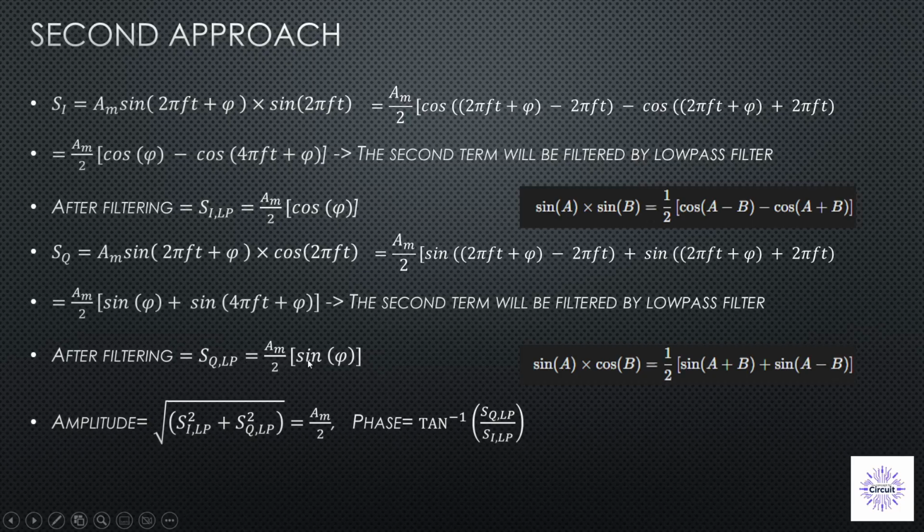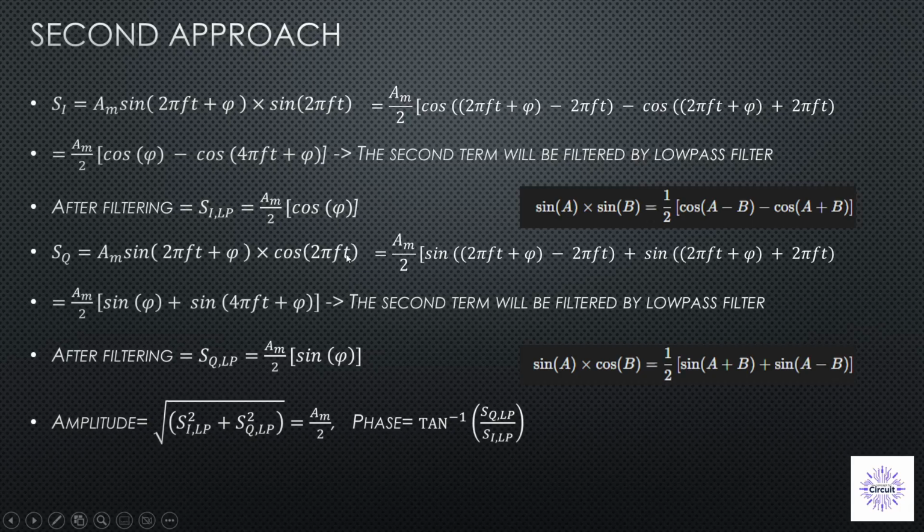Because the AM over 2 terms will cancel out and it will be just sine phi over cosine phi, which is just tangent, right? So now we can have the information of both AM and our phase, right?